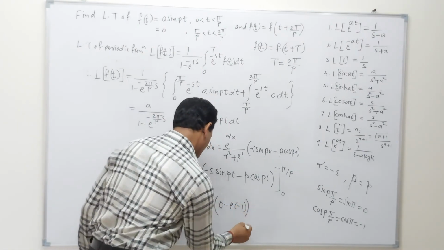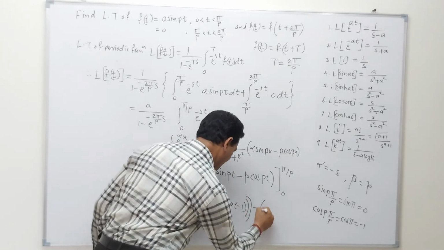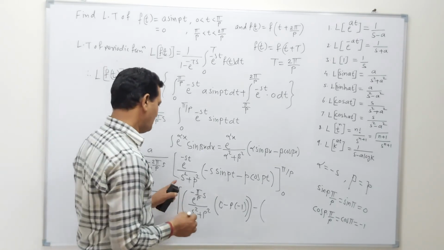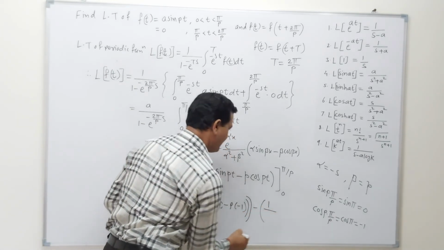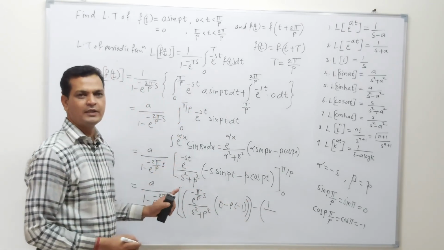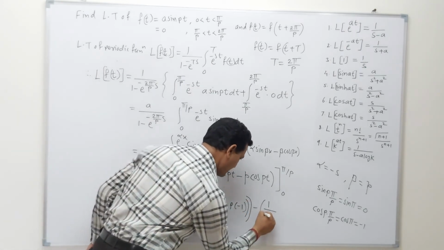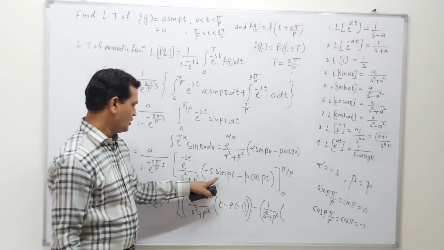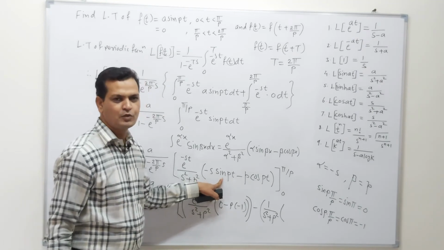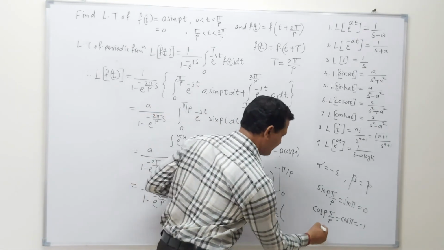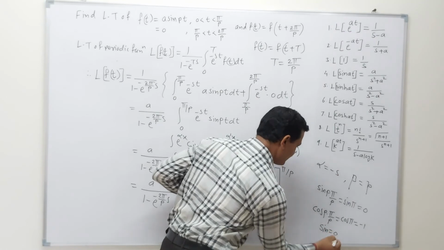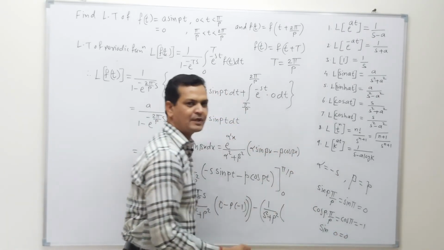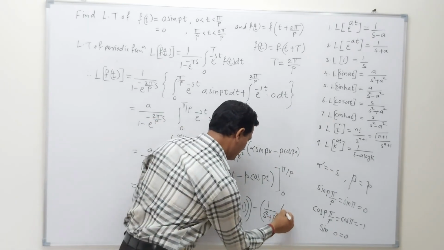Now this upper limit bracket is over. Now again put the value of the lower limit. The lower limit is 0, so e raised to 0 is 1, upon s square plus p square as it is, then again in the bracket, the value of t is equal to 0, so we get sine of 0, and sine of 0 is 0, so this term is 0.